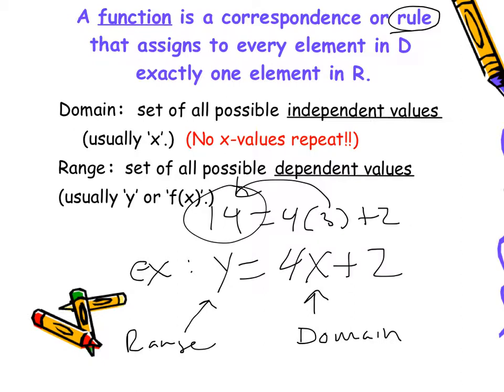That would be true for any other x value I put into the function, which is y. Lines are functions. This is an important piece right here. Remember that y equals f of x. Those two things could be used interchangeably. They mean the exact same thing.